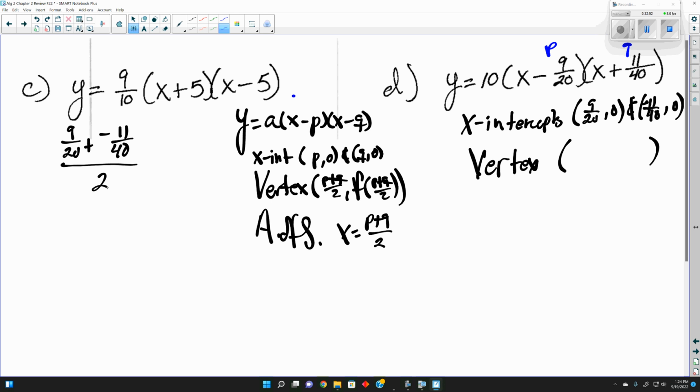We can type this into the calculator to get our answer. And I believe we get 7/80. And I think that's what the answer key agrees with.